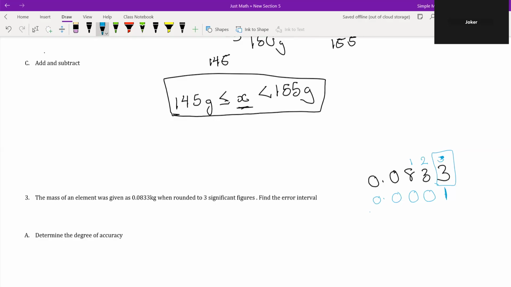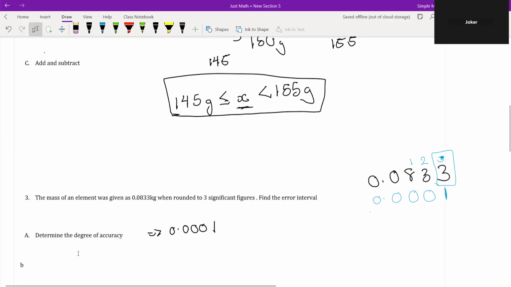So our degree of accuracy here is 0.0001. I do this so that we won't make any mistakes. Let's go to the next one.